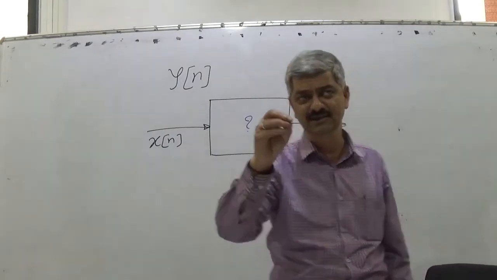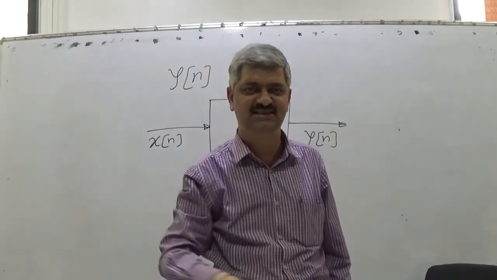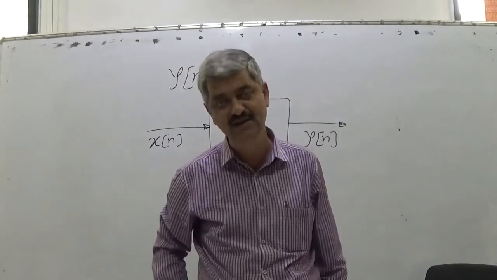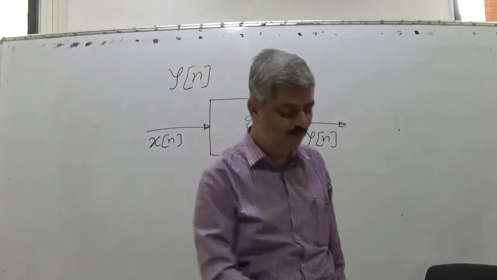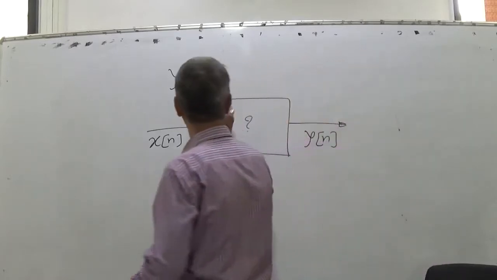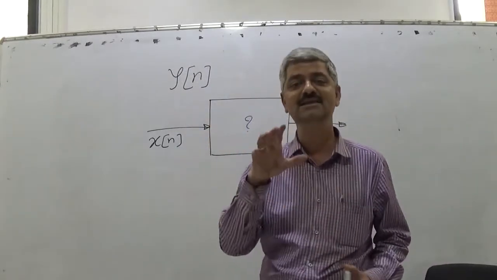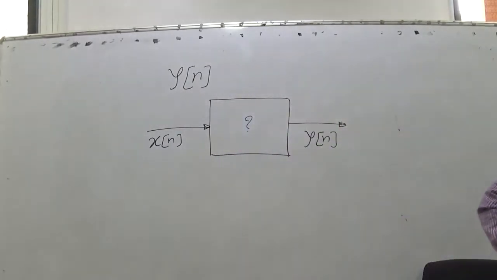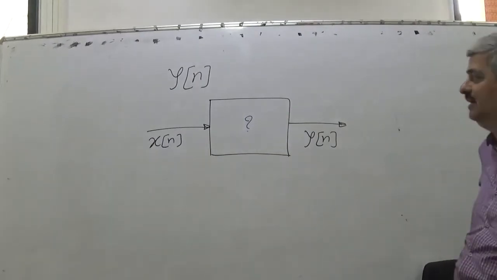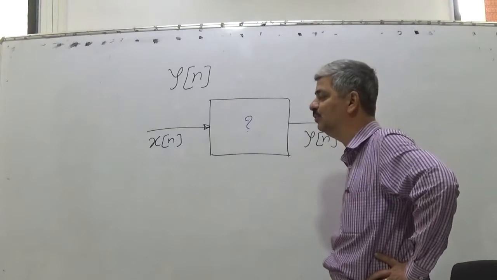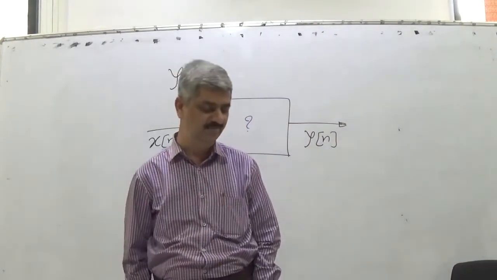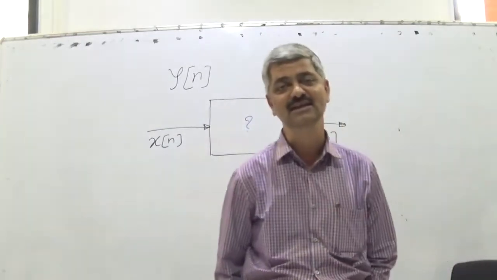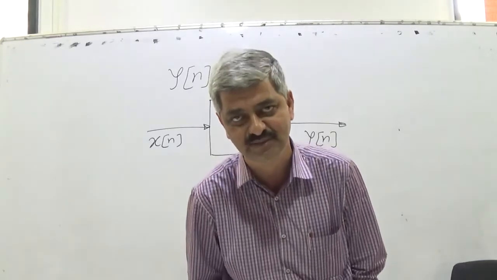This entire subject, signals and systems, and the next subject in the third year first semester, digital signal processing, both revolve around this equation. What is the output of a system? The output of a system is a weighted sum of current and previous inputs. That is a necessary and sufficient description of a system.